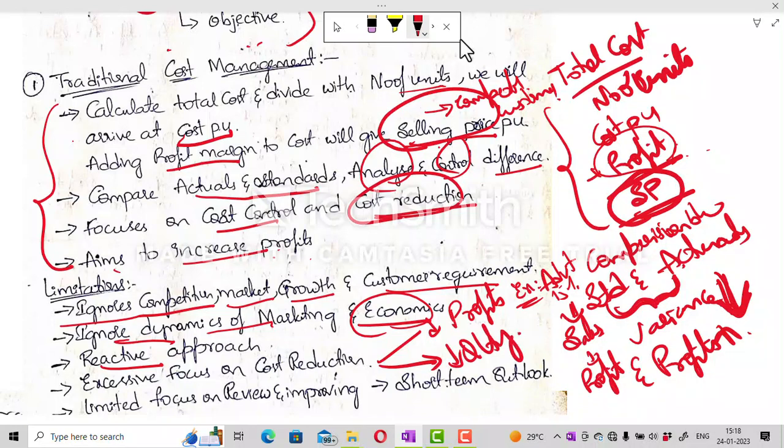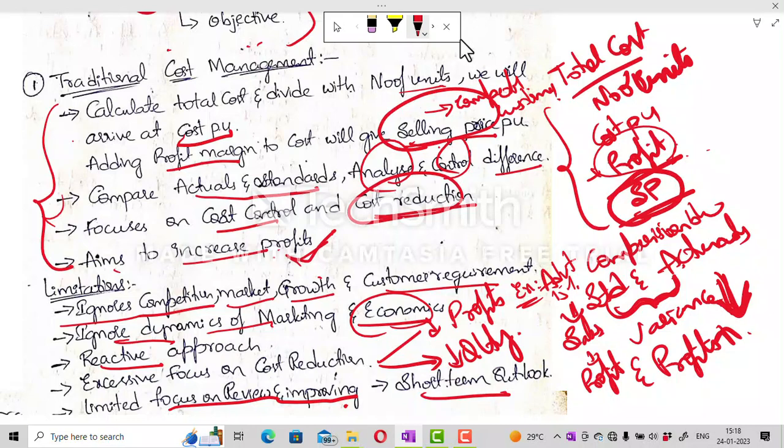And we never thought of reviewing our process and improving the product in the whole scenario. It means limited focus on reviewing and improvising. And as we are only aiming at profits, we are going to sustain only for the short term. It means it is only a short-term outlook rather than focusing on customer satisfaction.